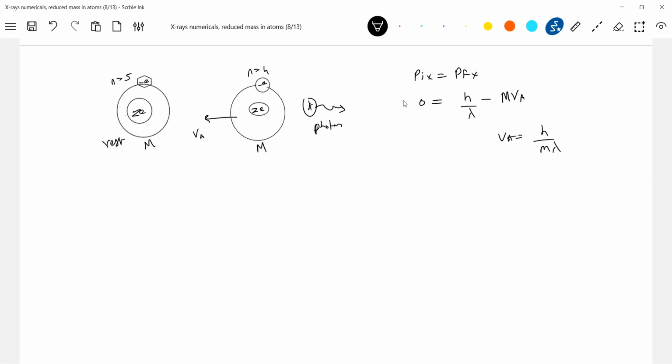When it makes a transition from 5 to 4, how to predict lambda? 1 by lambda is equal to R into 1 by 4 square minus 1 by 5 square. So R times 1 by 16 minus 1 by 25.